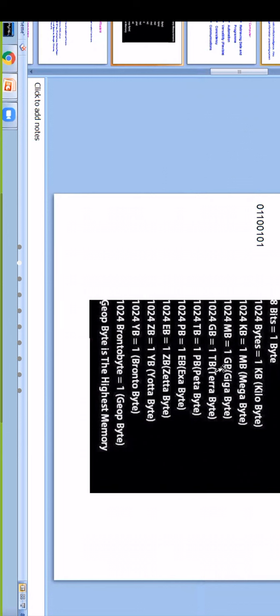And 1024 brontobytes form 1 geobyte. So these are the memory representations of your memory in the computer.